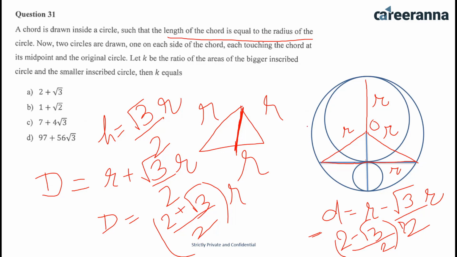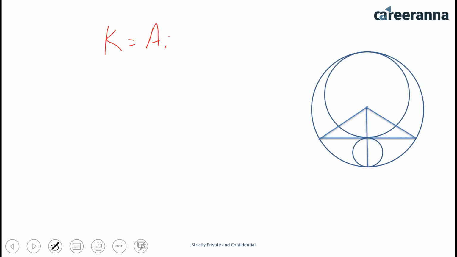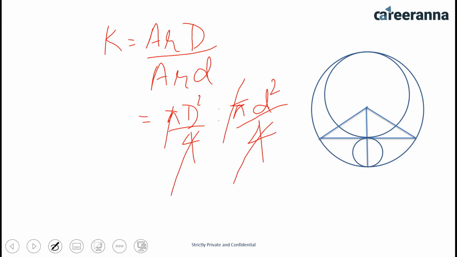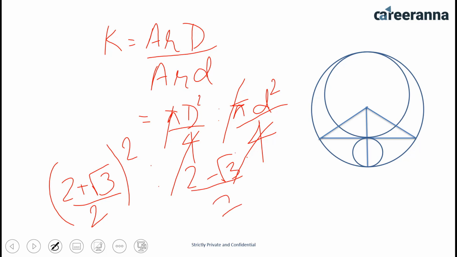We need to find the value of K. K is the ratio of the area of the bigger circle to the area of the smaller circle. So area means pi d square upon 4 is to pi d square upon 4. The 4 and pi get cancelled. We can find this K using d square. So d square is (2 plus root 3 upon 2) whole square is to (2 minus root 3 upon 2) whole square.